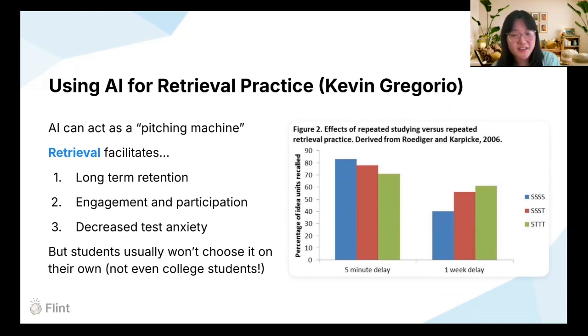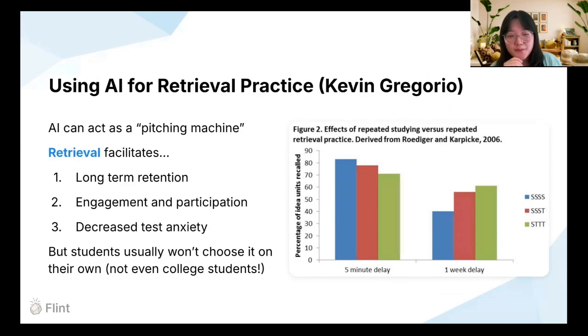Essentially it looks at the delay between when students are studying, the effects of repeated practice versus retrieval practice where they're getting very quick feedback and the ability, similar to a pitching machine, to practice over and over again. And how that facilitates long-term retention, more engagement, and especially decreased stress around tests for students is really cool.